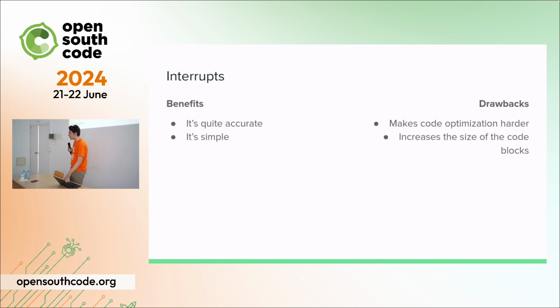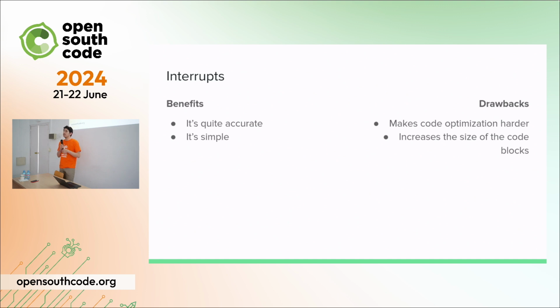Now, this method of emulating interrupts is quite simple because we don't have to optimize a lot, and it's also quite accurate because it's the one that most closely resembles what the CPU actually would be doing. But it also has the drawback that it makes optimization harder, because now between each instruction we have a bunch of junk that LLVM has to be able to separate from the actual instructions to be able to optimize our code.